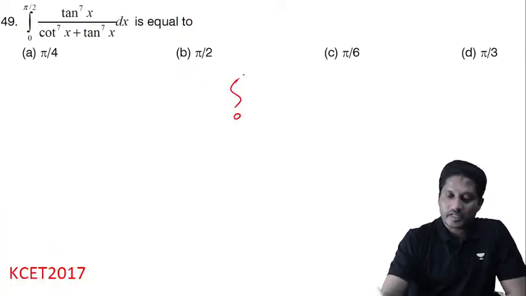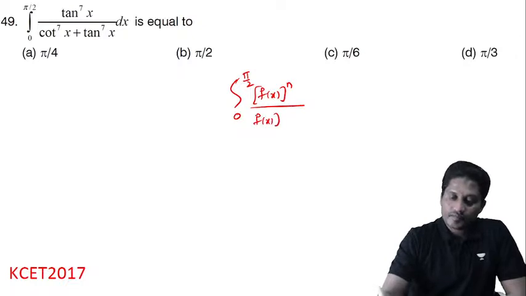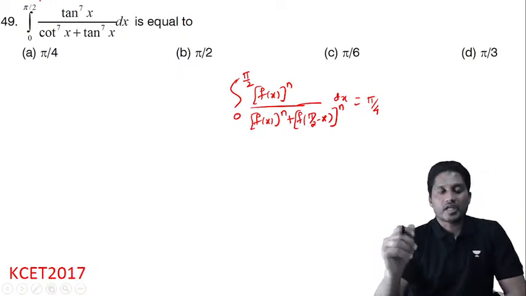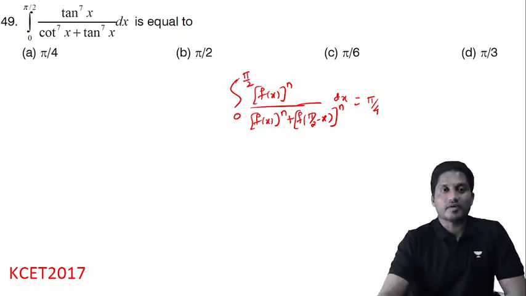We did this King's property, 0 to pi by 2, f(x) power n, again f(x) power n for pi by 2 minus x, whole power n dx. Answer is always equal to pi by 4. So 0 to pi by 2, tan and cot with any power, similarly sin and cos with any power, and sec and cosec with any power, answer is always pi by 4.